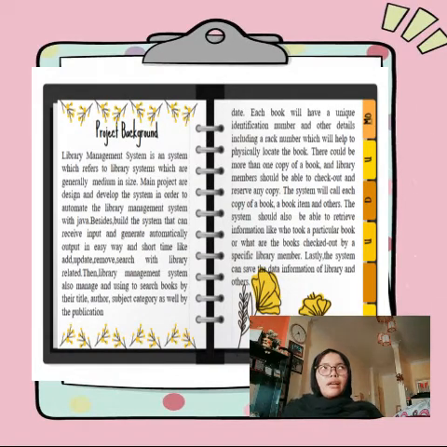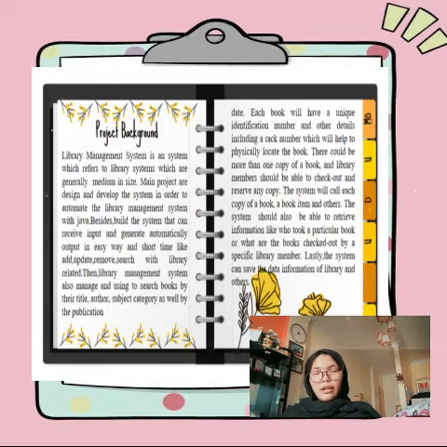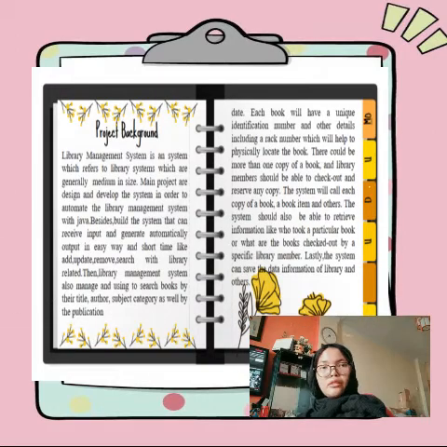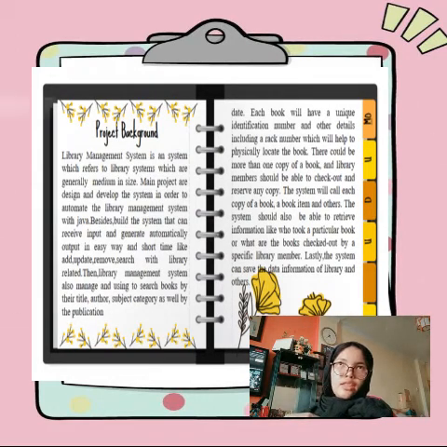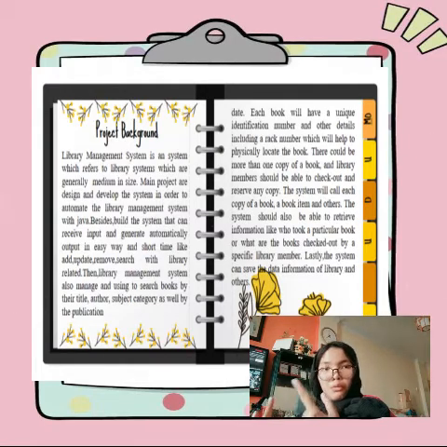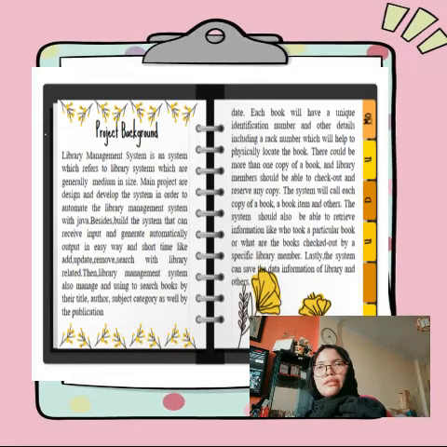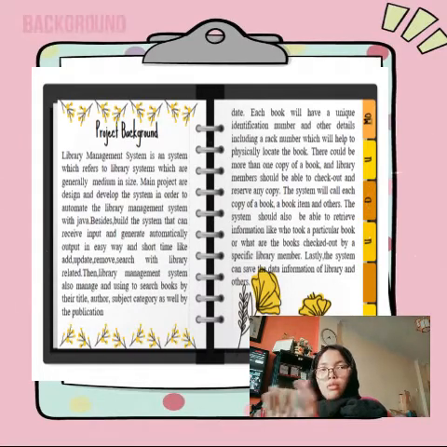So for example, before this, a librarian needed to put a lot of energy into the things that they were working on. For example, they stored all the details of books and library members in a logbook.